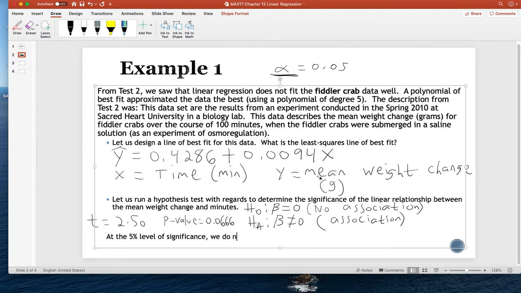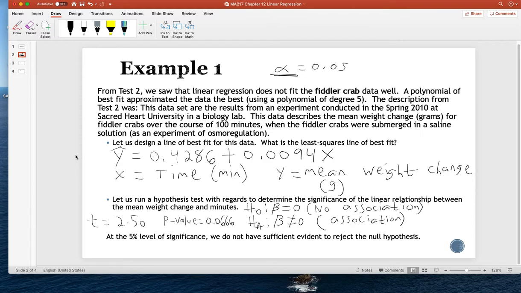So we do not have sufficient evidence to reject the null hypothesis, which is just fancy schmancy talk for the idea that this then means there's no association. Well, I should probably specify no linear association, since this was for linear regression after all. So there's no linear association with regards to this particular data set.